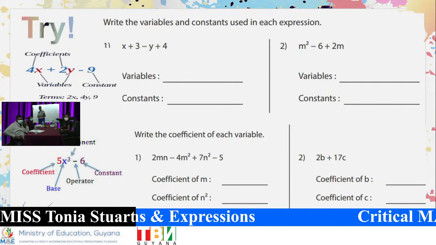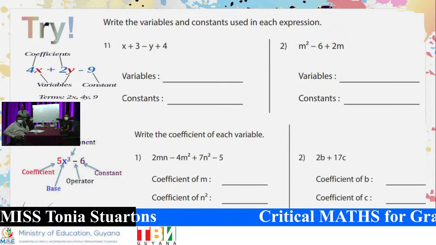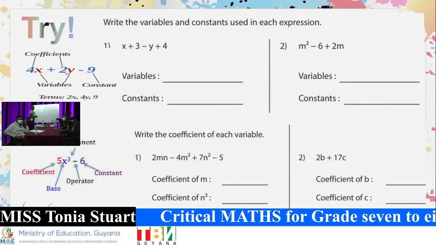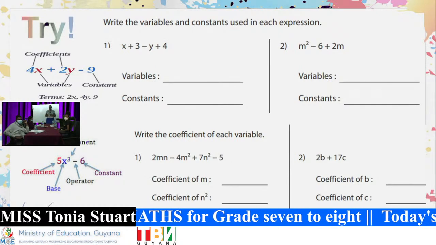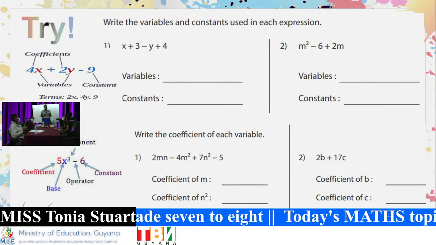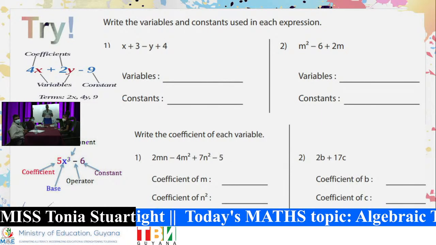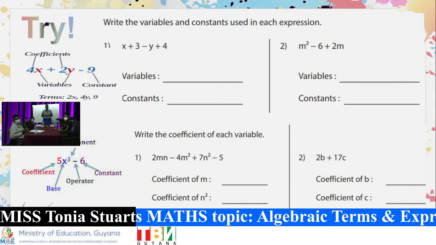And Akila, the coefficient of m square is? -4. Right? So those are the only things that the questions would have asked you for. But you need to know how to identify your coefficient, your variable, your constants. Good? In your terms that make up the expression.